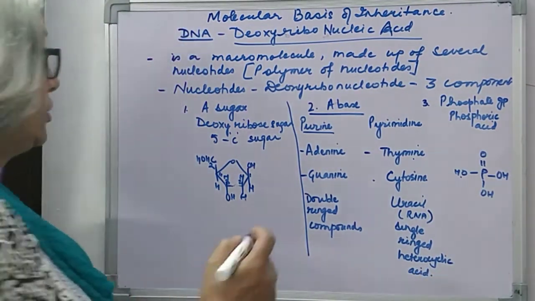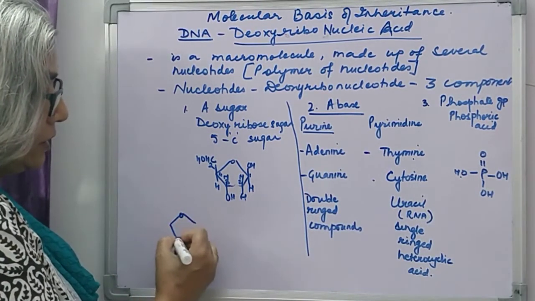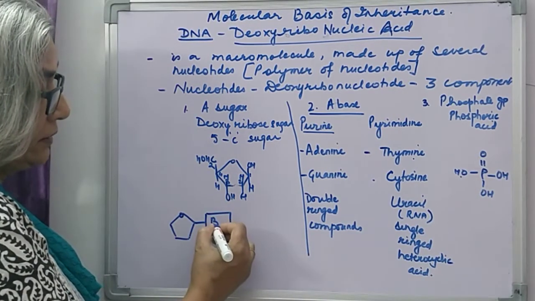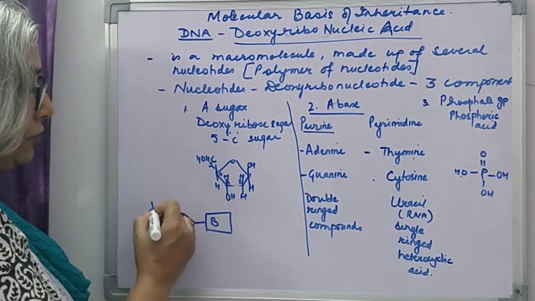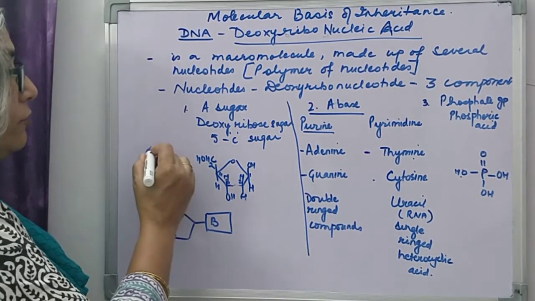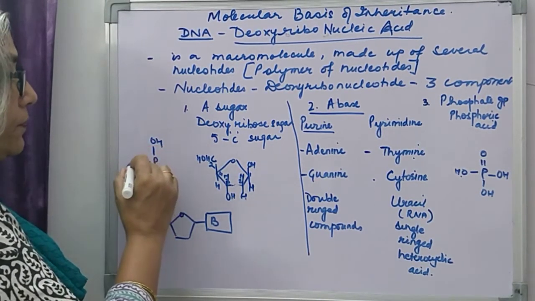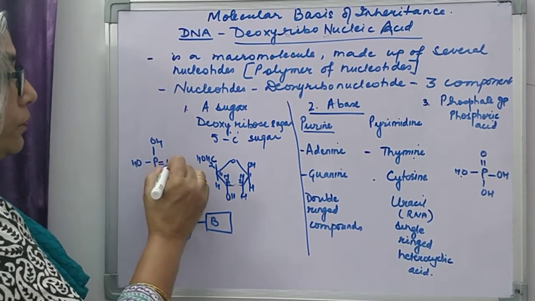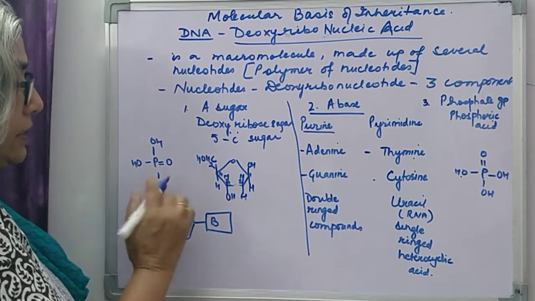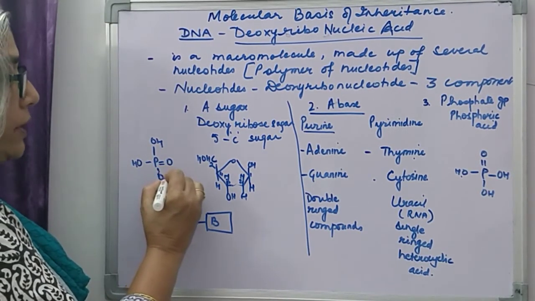And each nucleotide is depicted as a sugar which is attached to a base, and on the fifth carbon atom a phosphate is attached. A phosphate group is attached like this. I will say CH2OH and this is OH.